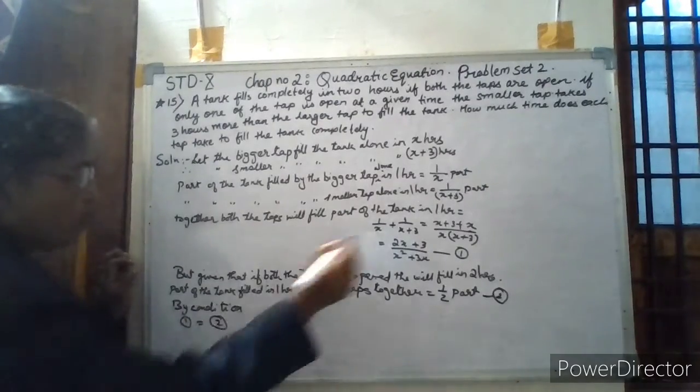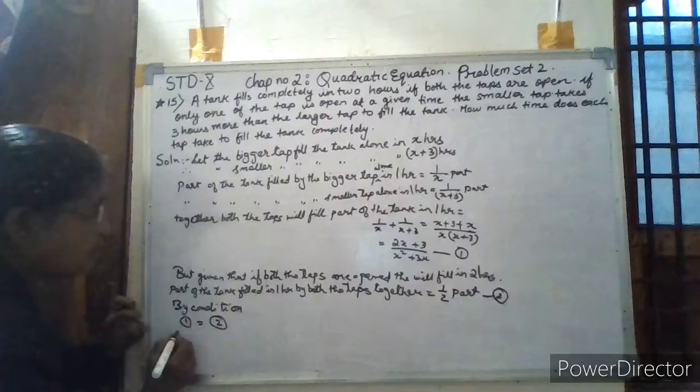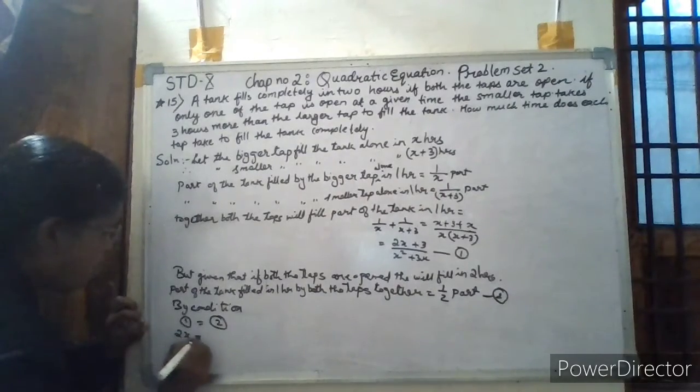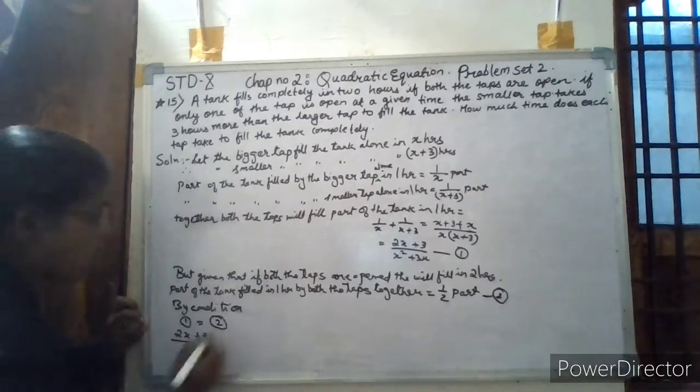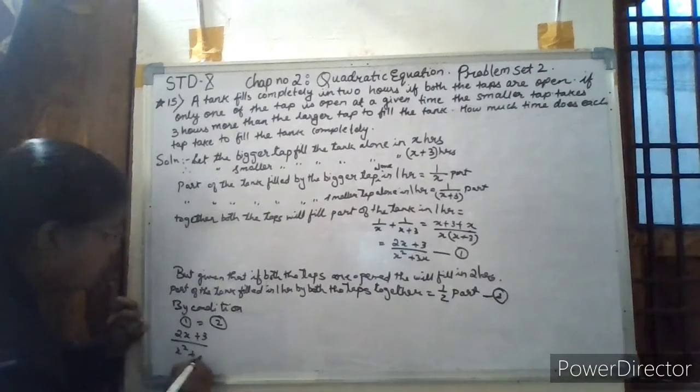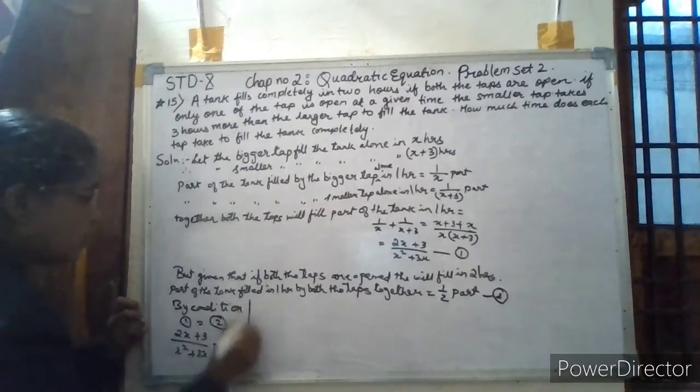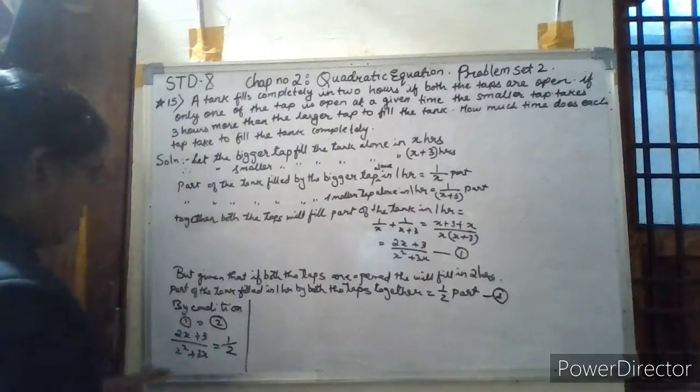So what is equation 1? That is 2x plus 3 upon x squared plus 3x equal to 1 by 2. This is what we have got. Now let us solve this.